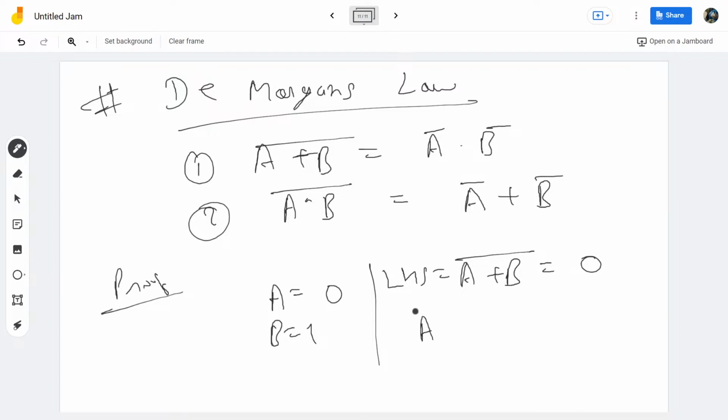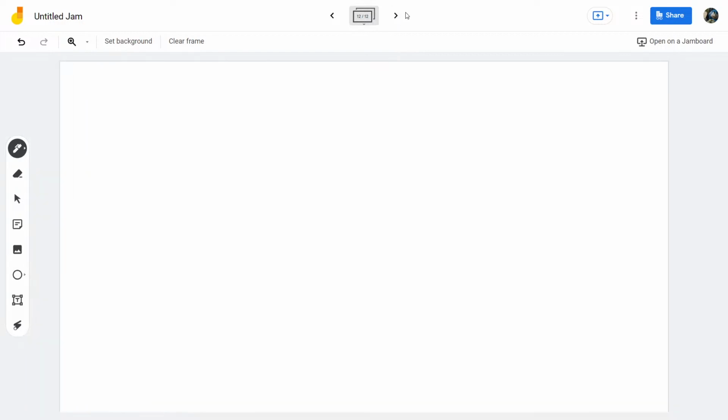And a complement is basically 1, and b complement is basically 0, and a complement times b complement is again 0. So LHS becomes equal to RHS. Hence the first one is proved, and you can prove the second one in a similar manner. So let's move forward.